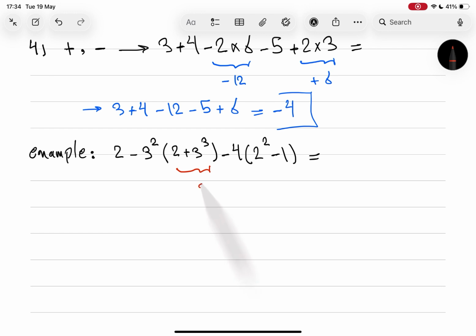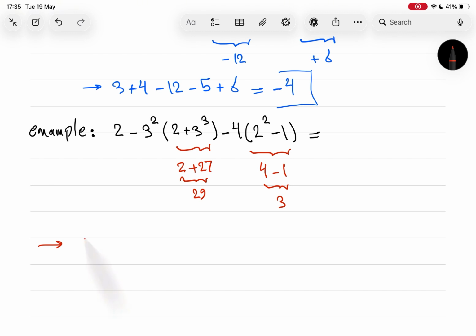Inside the first parentheses, 3 to the power of 3 equals 27. Then, 2 plus 27 equals 29. Inside the second parentheses, 2 squared equals 4, and 4 minus 1 equals 3.